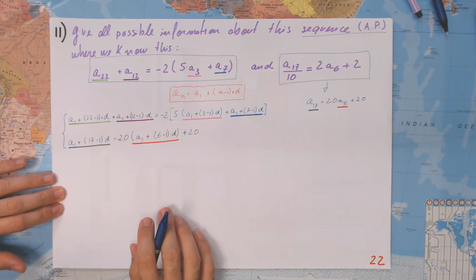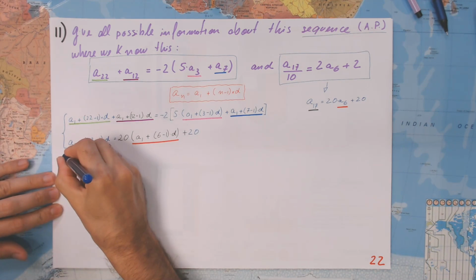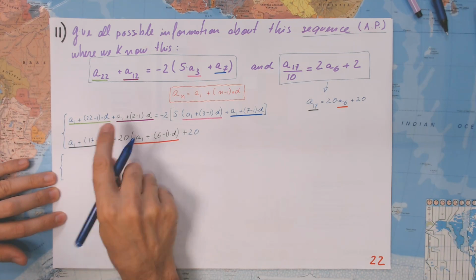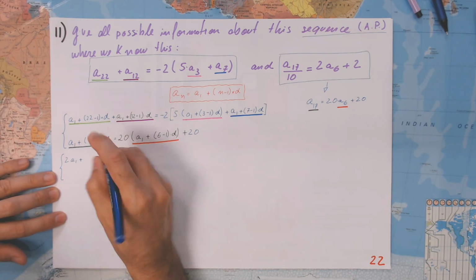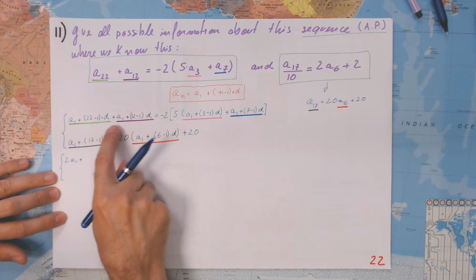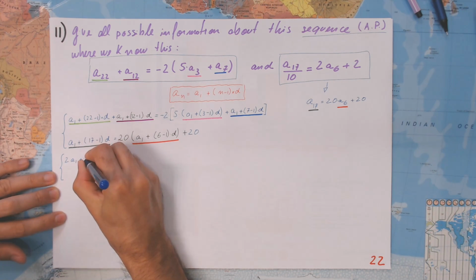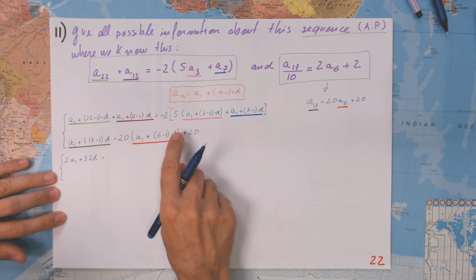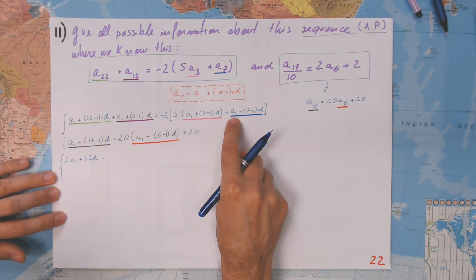Now I'm going to do it faster. So let's put the first one. This is going to be A1 with A1, 2A1 plus 11D, 21D plus 11D. This is going to be 32D equals. Now let's make 5A1 with this A1. This is 6A1.